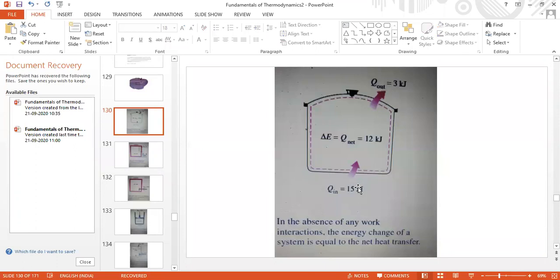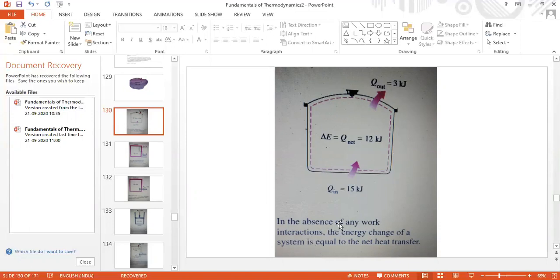So the total is 15 plus 15 minus 3, so 12. Thus the net heat, 12, is converted into net internal energy. Why? Because this is a constant volume process, and work done may be 0 in the absence of any work.